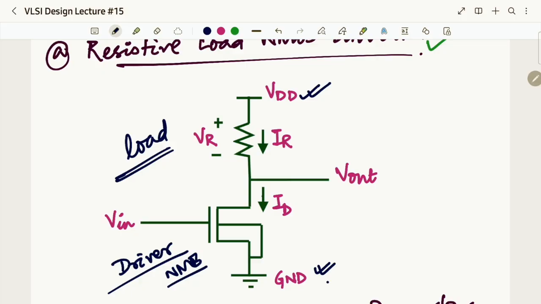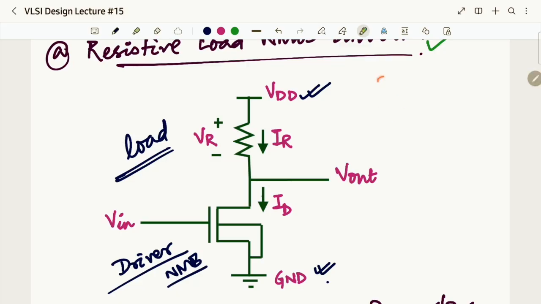We are providing input to our driver, and from the joined terminal of our load and driver, we are getting the output.